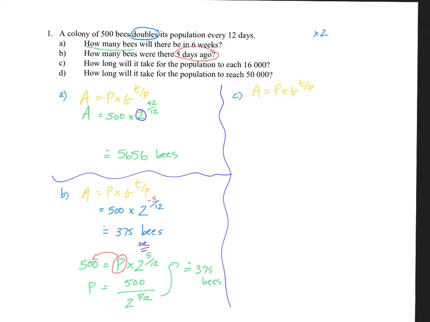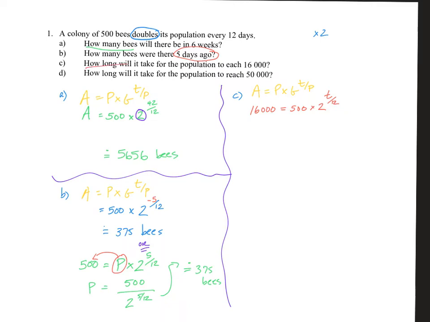Well, it says I have to reach a population of 16,000. So my population is going to grow to 16,000. It's going to start at 500. It is going to double every 12 days. How long will it take? I get a little confirmation that the only variable left over would be t, and that's what the question is asking me to find.